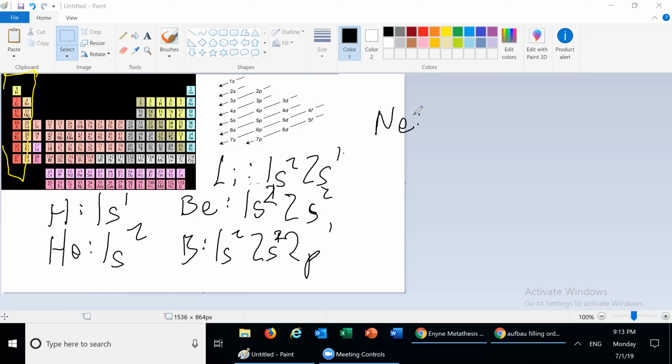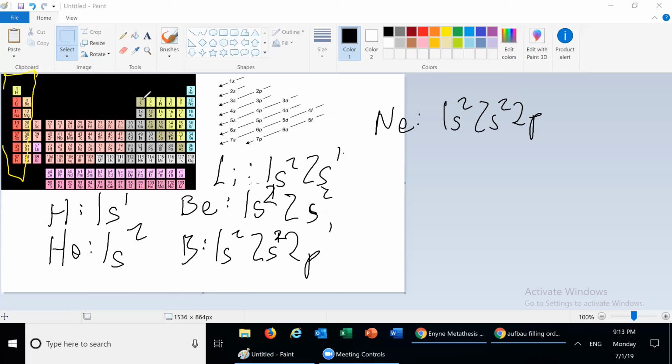So can someone tell me what the electron configuration should be here? 1s2, 2s2, and 2p2. No, wait, it's neon. So it's 2p. Okay, let's see how the periodic table can help us here. We start from boron.